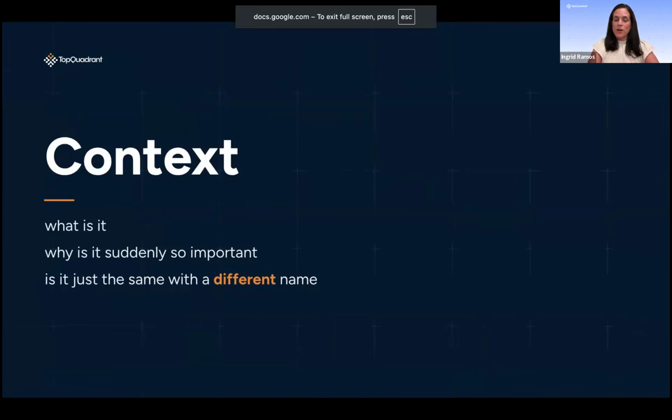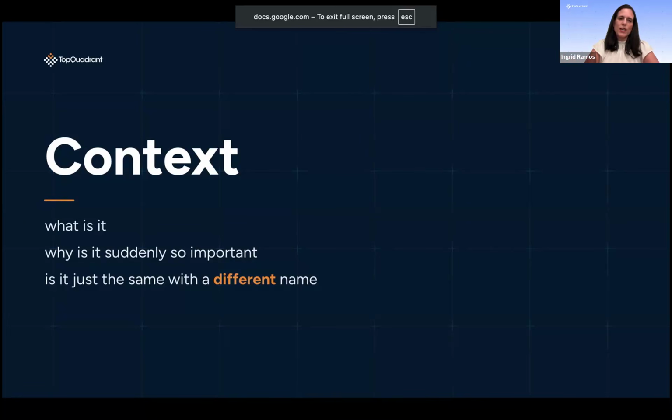I'm our head of marketing here at Top Quadrant, and I think I've been doing this sort of knowledge graph stuff for a while now. Today's word might be context, but Bram and several of the folks on this call might remember that before that it was data fabric or data mesh, and knowledge graphs as relates to ontologies, taxonomies, et cetera.